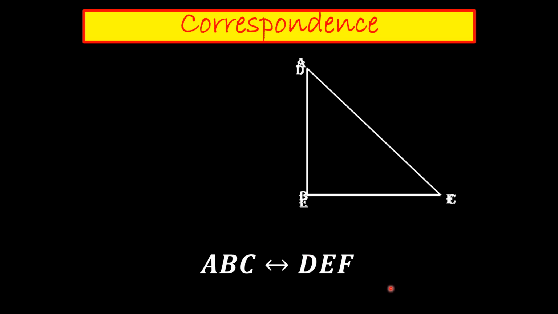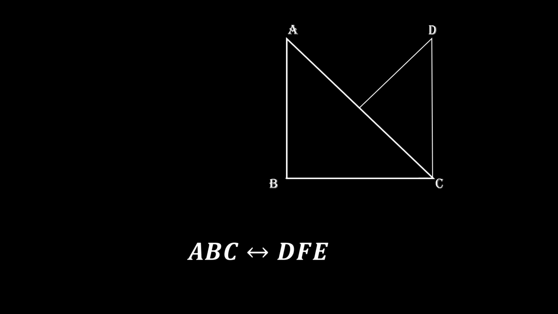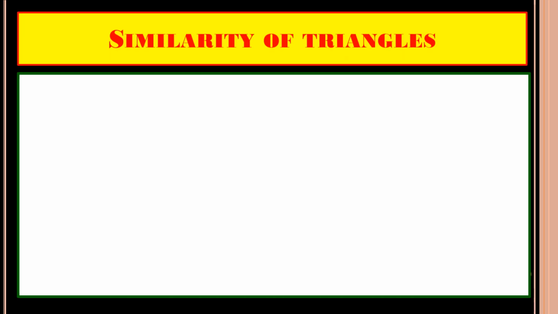So this is how correspondence is established and seen. Let's see one more. In this, correspondence is ABC to DFE. So when we solve questions in geometry, correspondence plays a major role. If we can identify the correspondence, we can see under which correspondence which criterion of similarity or congruency fits, right?